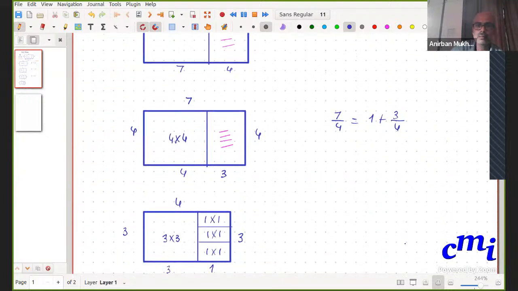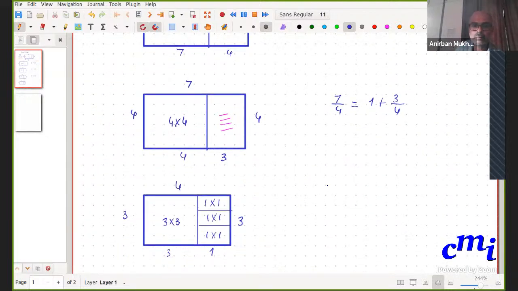Then 4 by 3 is written as 1 plus 1 over 3.